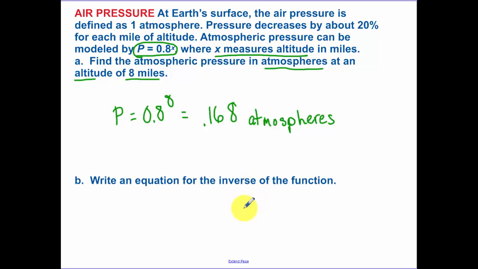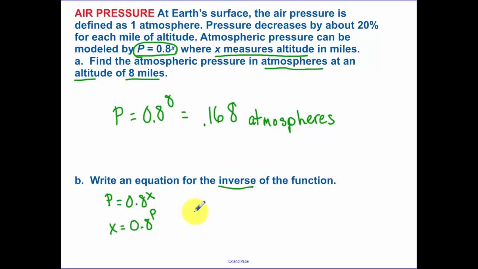Okay. Now write the equation of the inverse of the function. Okay. So our original function is this. We switch x and our y variable, which is p. Now our inverse, how do I break down this p from our exponent?